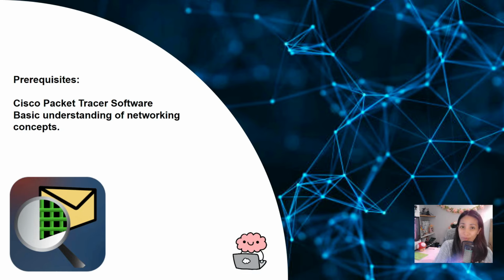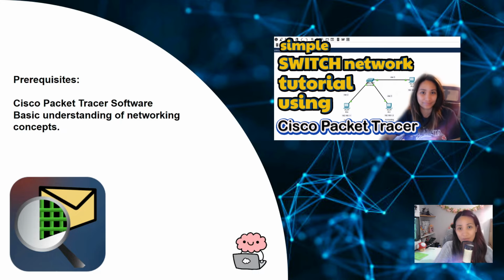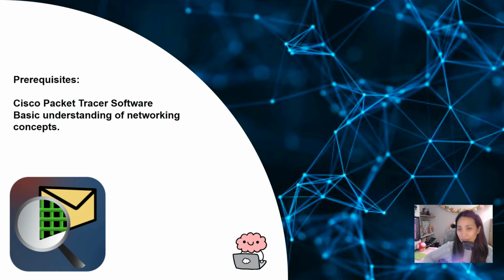So for the prerequisites for this Homelab, for you to be able to follow along, you need to have Packet Tracer installed already. I'm not going to show you how to install Packet Tracer in this video. I do have another video where I show how to install Packet Tracer, so if you don't have it yet, please watch that first.